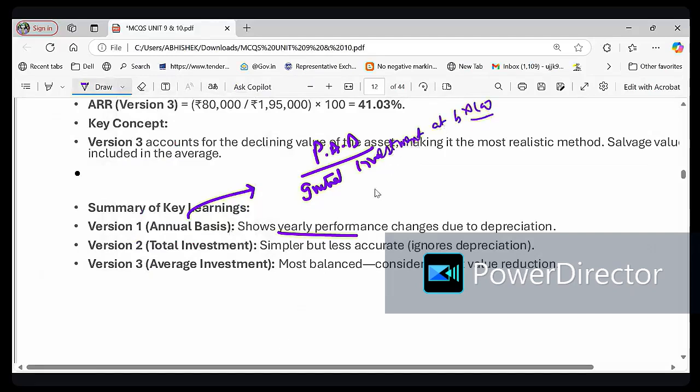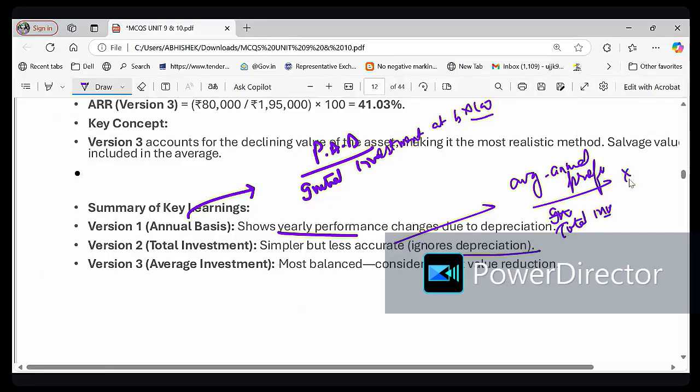This is what we use to calculate version number 1. Version number 2 is about the total investment. We write the average annual profit and we divide by the initial investment, the total investment, multiplied by 100. It is simpler but less accurate because it ignores the depreciation.